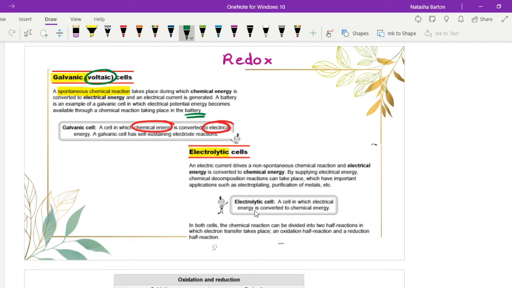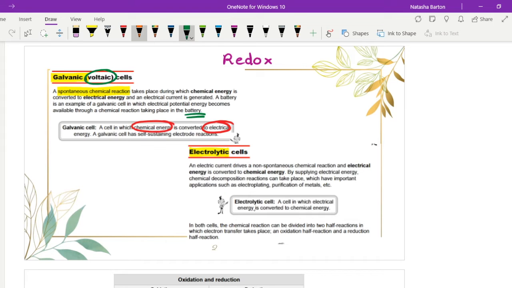Your normal battery, like a Duracell battery that you connect in your TV remote. Those cells that you find in your remote are a form of galvanic cells. We have chemicals inside of the cell or battery that will react on their own as soon as you connect them in a circuit. You don't need to drive the reaction; it drives itself and converts chemical energy into electrical energy.